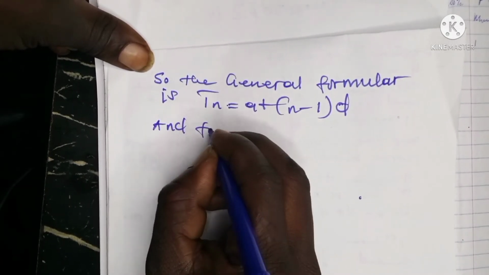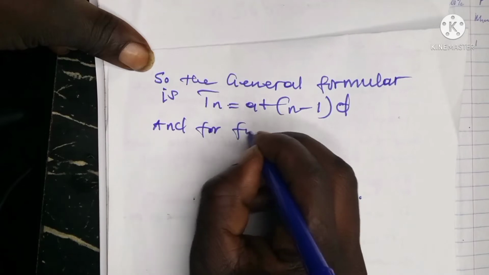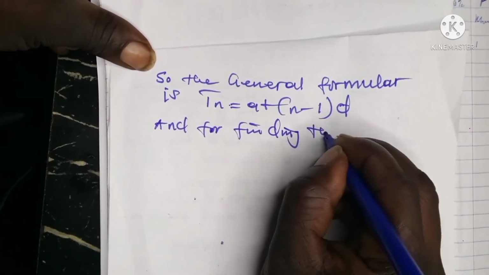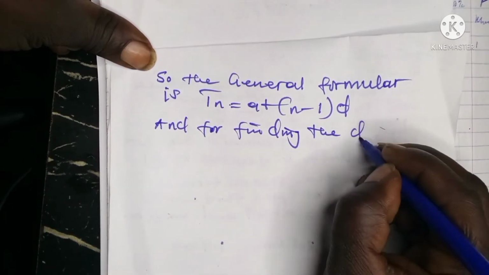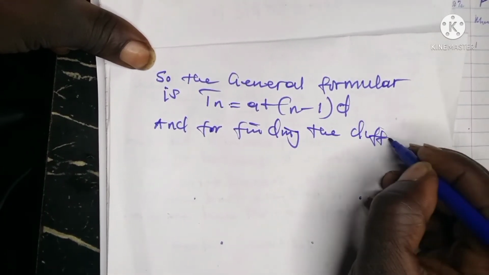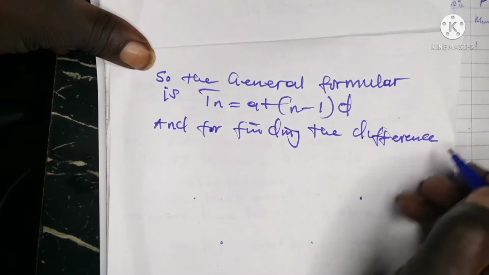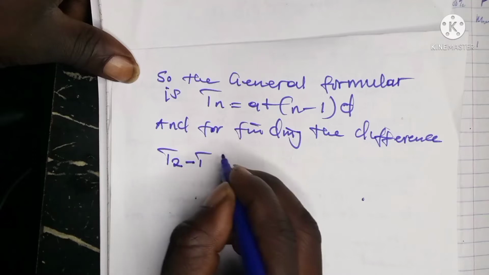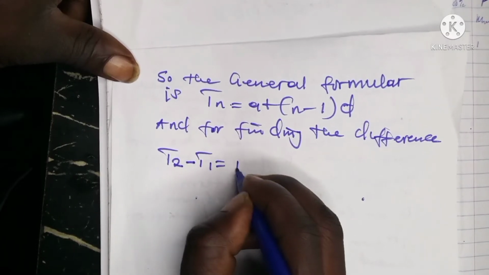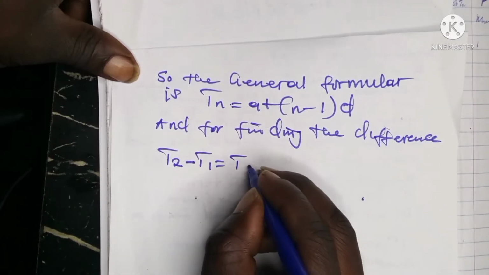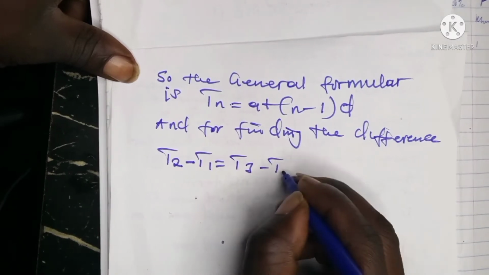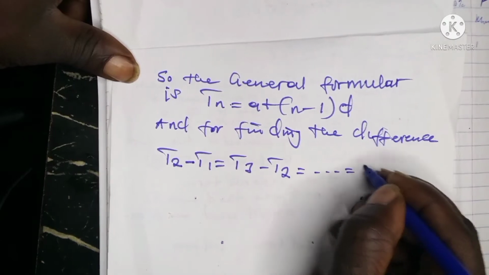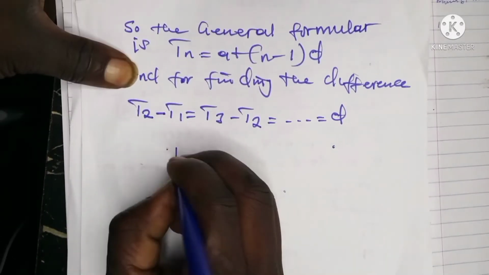And for finding the difference, T2 minus T1 equals T3 minus T2, which is equals to common difference.